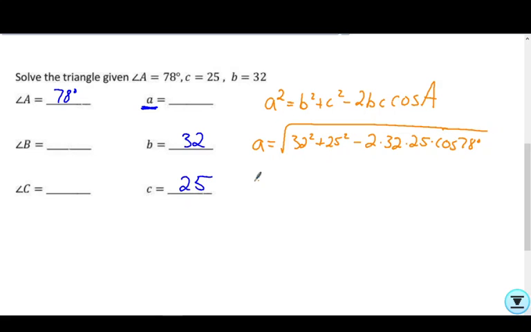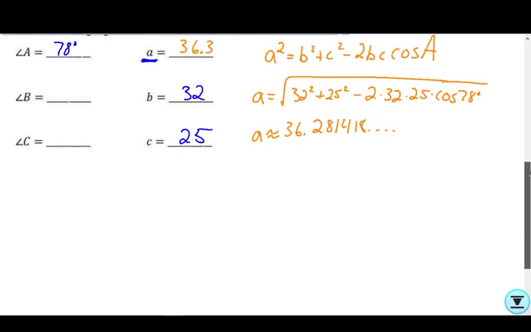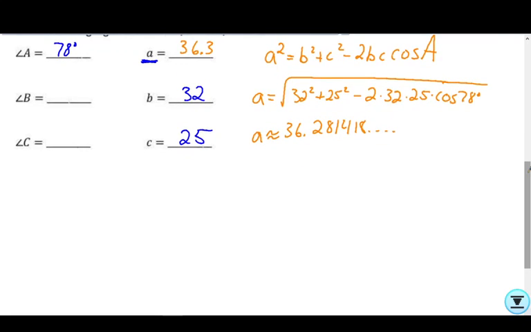Plug it into your calculator, and you get A is approximately 36.281418 degrees. So A is 36.3. Now, I've got my ratio.